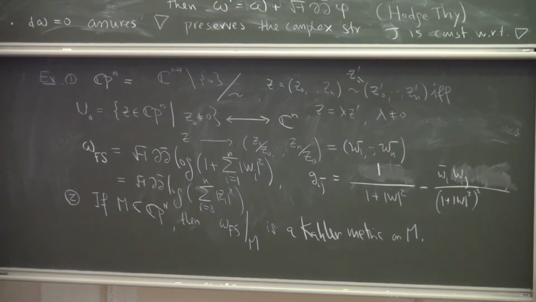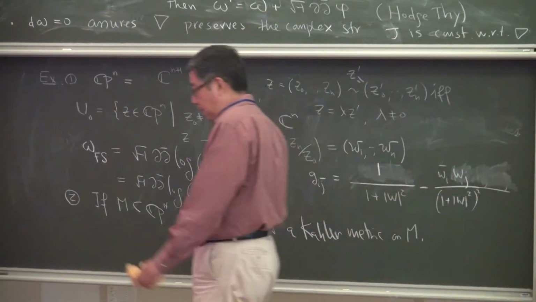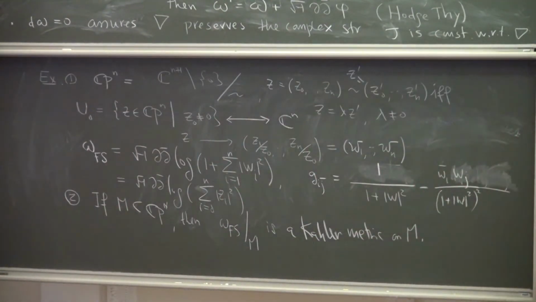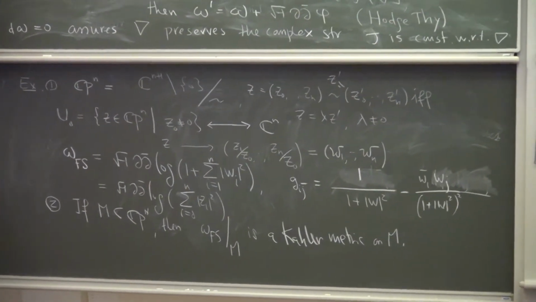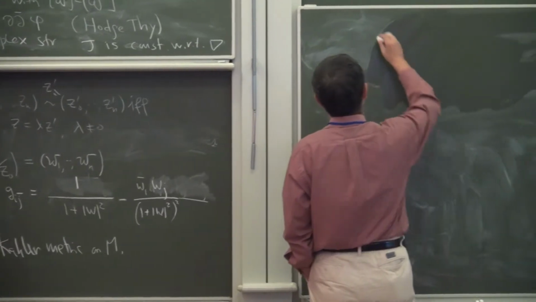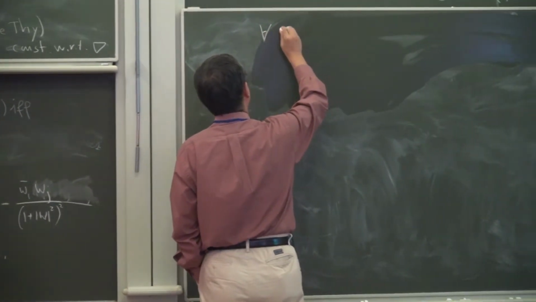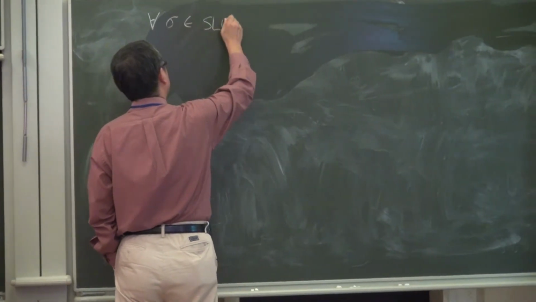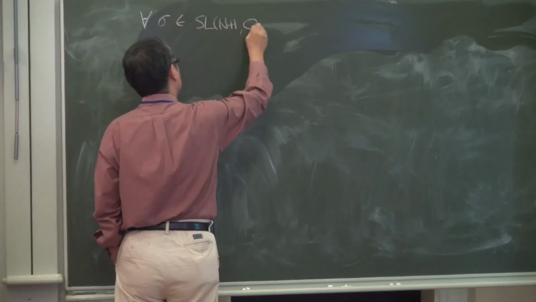So this way you get the Kahler metric, but on the other hand, you can get a lot of Kahler metrics for every sigma in SL(n+1, C).